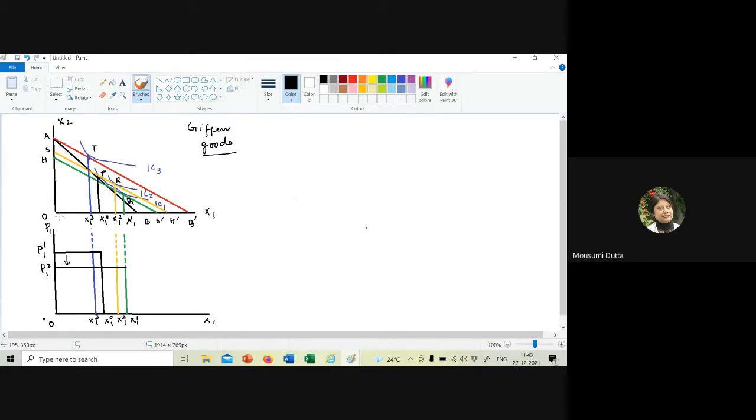Is it clear? Now, if this part is clear, I'll join the points and draw the demand curves only. Anyone, any problem, any question? T is to the left of P. So I'll start with the ordinary demand curve.